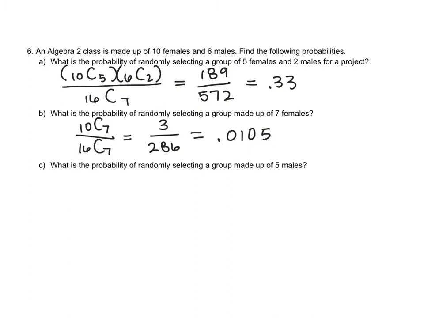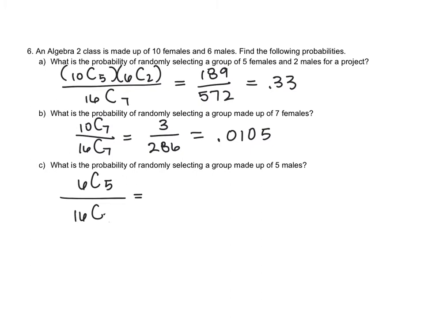And then lastly, we want to know the probability of selecting a group made of 5 males. So 6 males to choose from, and we want 5 of them, over 16 choose 7. So in our calculator, our numerator is going to be 6 choose 5, and our denominator, whoops, not 16 choose 7.